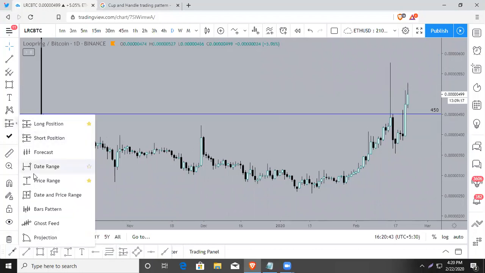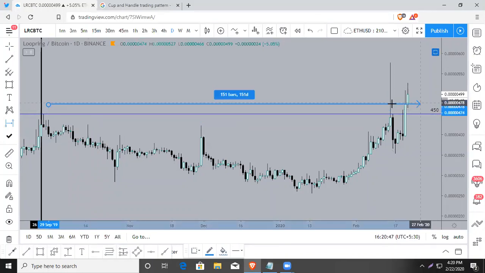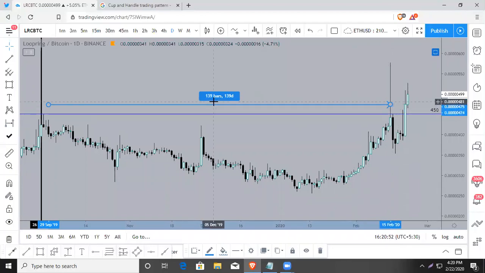In the chart of LRC we have approximately 140 bars, like it's the price action of 140 days, because it's daily chart, right? So it's 140 days that price has been consolidating in a rounded shape.